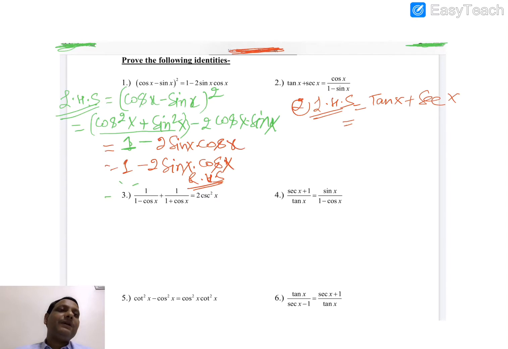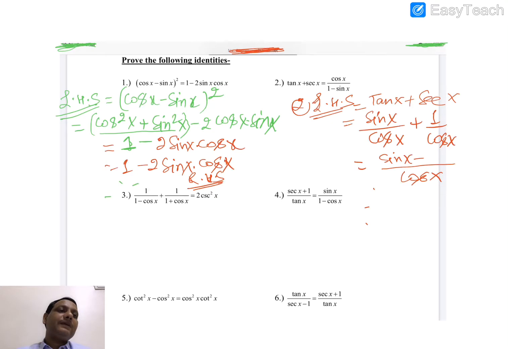As you all know, on the last page I already showed you tan in terms of sin and cos: tan will be sin x over cos x, and sec will be 1 over cos x. So the total LCM here is cos x, and this will change into sin x plus 1 over cos x.